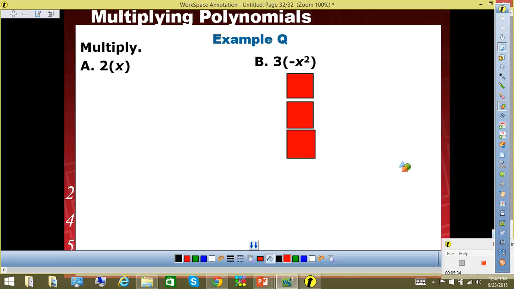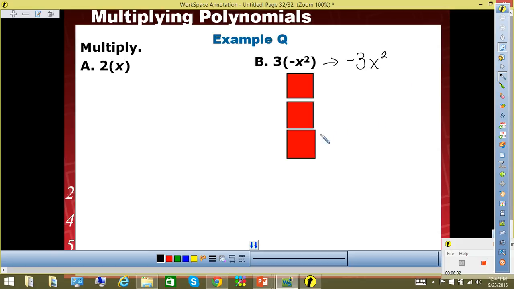Of course, squares are rectangles. The definition of a rectangle is that they have parallel sides and 4 right angles. So here you go. Do we have any 0 pairs? No. Therefore, this is negative 3x squared. Are we there so far?